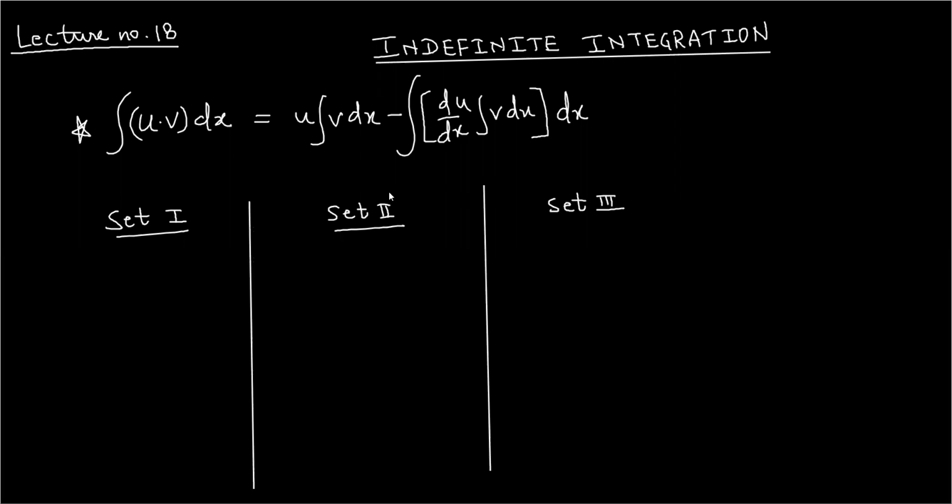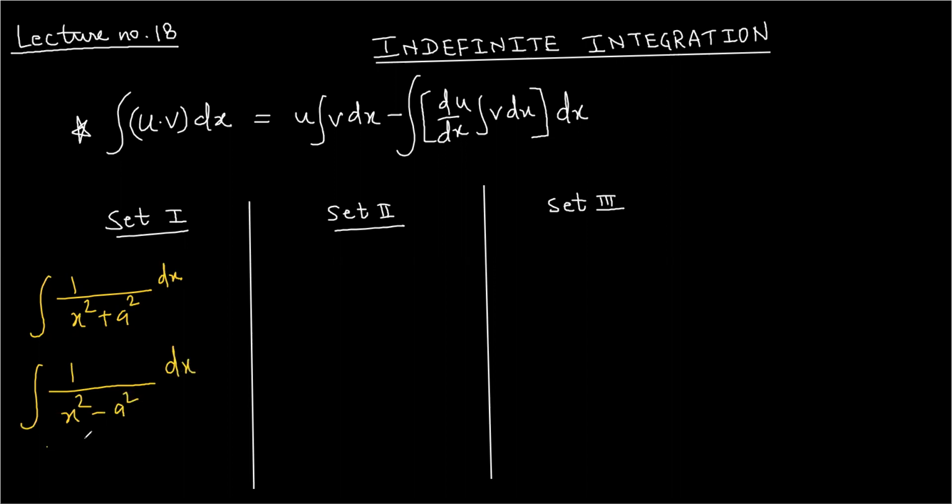in set 1 theory we had integral 1 upon variable square plus constant square dx. We have already done 1 upon variable square minus constant square dx and 1 upon constant square minus variable square dx.